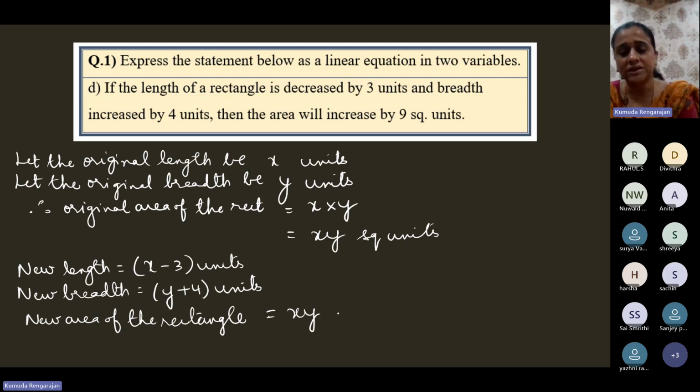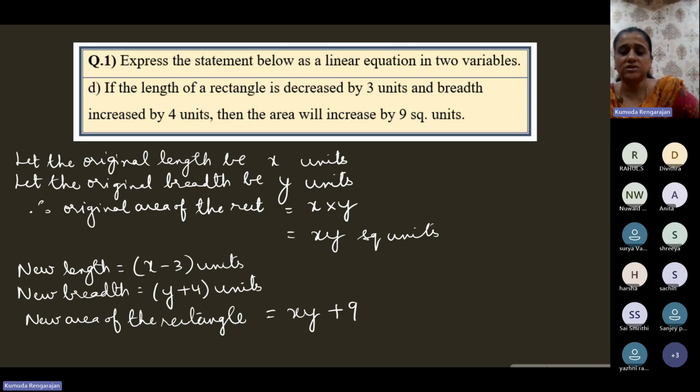Now the area increases by 9 square units, so plus 9. Get it, children? The original area is XY. Now the area increases by 9 square units. So XY plus 9.